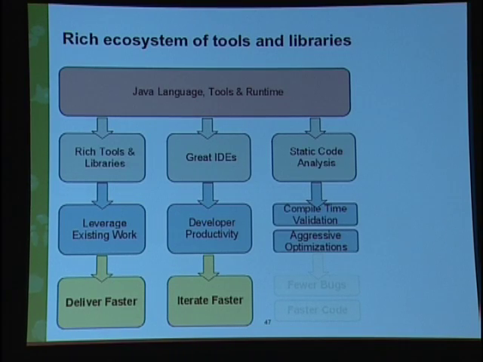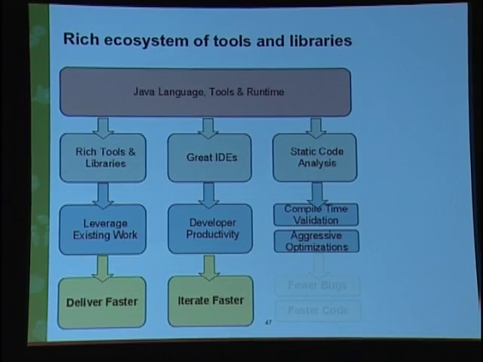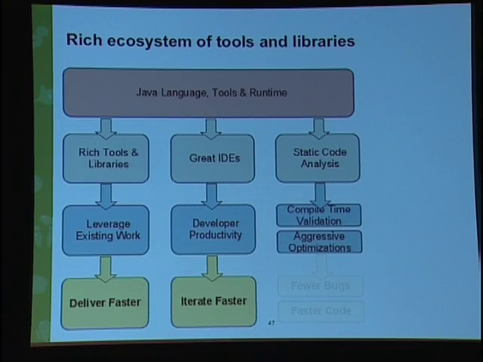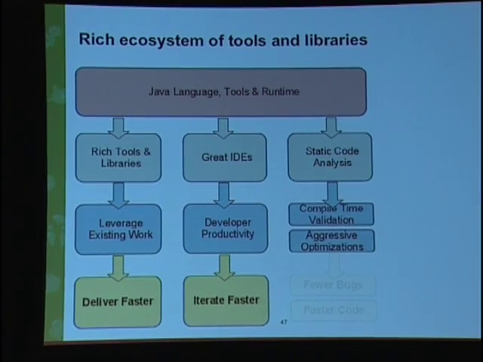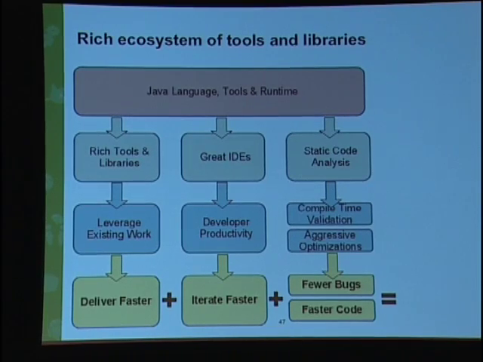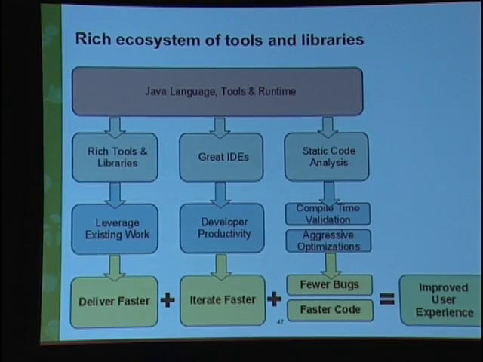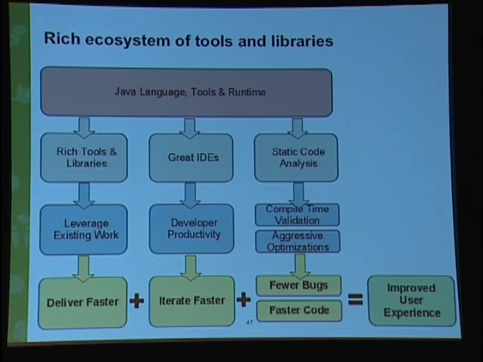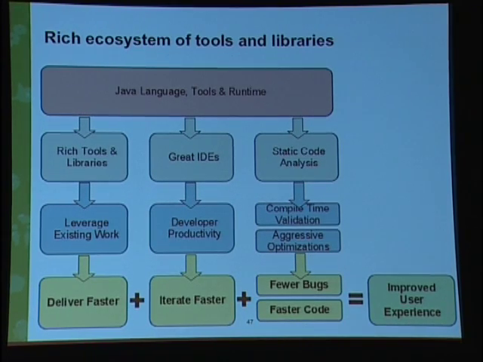We can check things and catch bugs that normally you'd have to wait for runtime. So that lets you find things sooner. And we can do very aggressive optimizations, and I'll get into those later. But that ultimately gives us fewer bugs and faster code. Now if we add this all together, what we get is an improved user experience. And that's really what it's all about. Better web applications for our users.